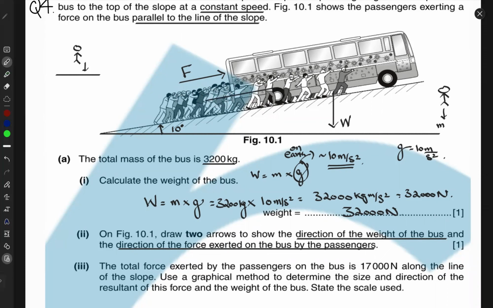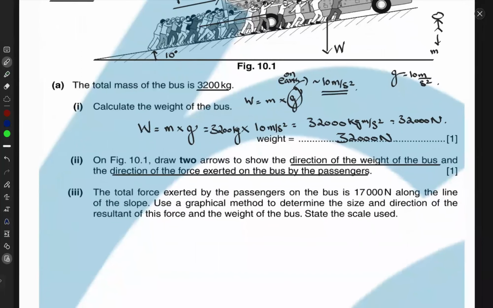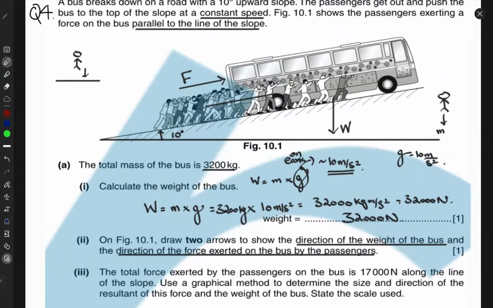So that's the force vector and that's the weight. So is that clear? Yes. Okay, so it's clear for everyone? Everything that we have done so far to this point? Yes.